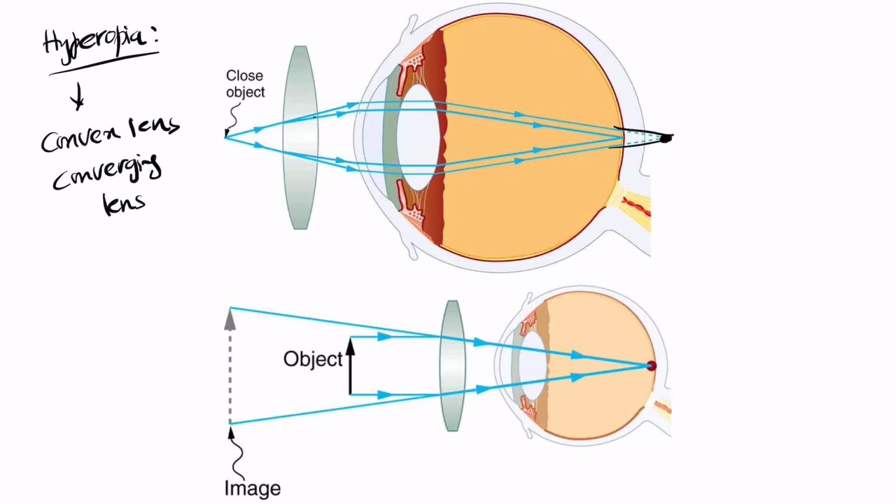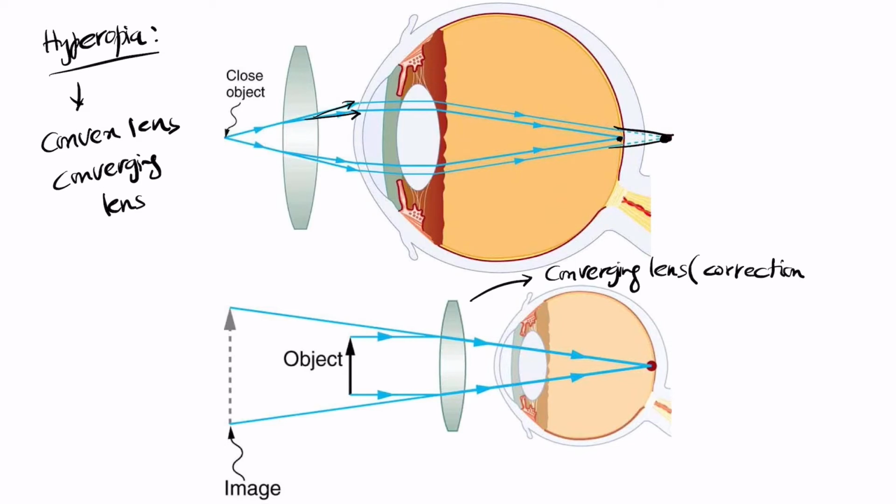So you don't want a higher refracting angle, rather you want a lower refracting angle when it hits the eye. When you put in a correcting factor, it causes the image to form on the retina. This is the idea behind correcting hyperopia. So for hyperopia, we use a converging lens as a correcting lens.